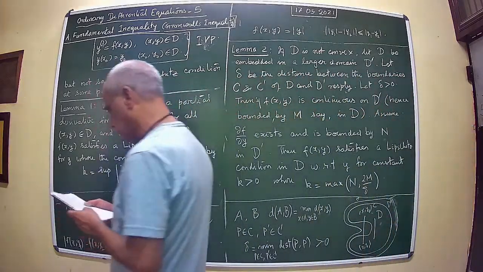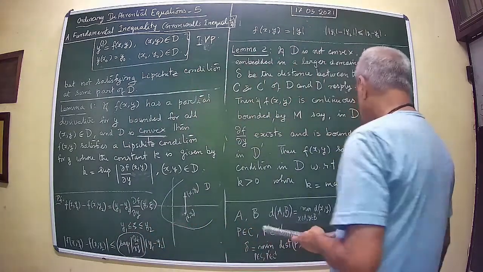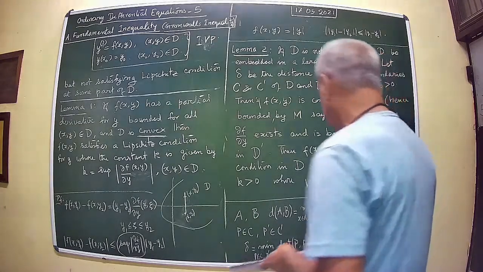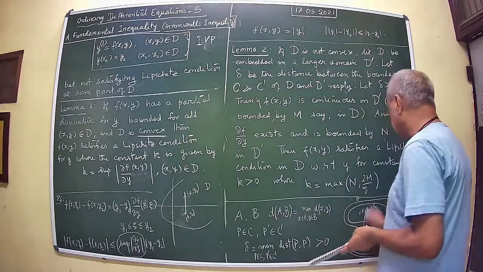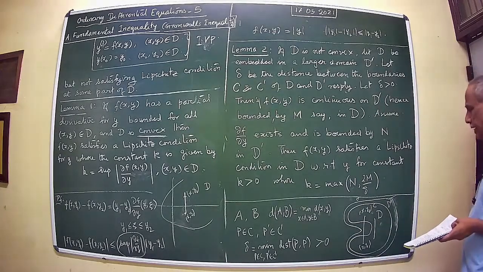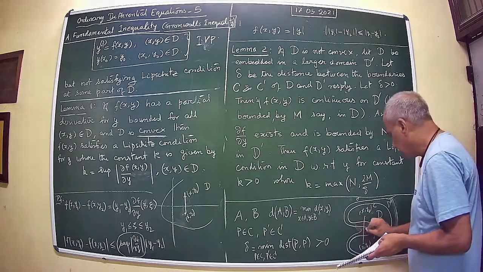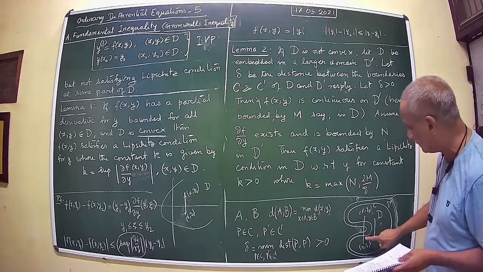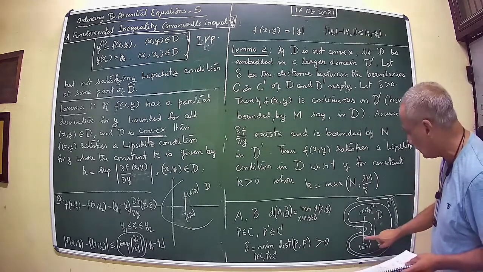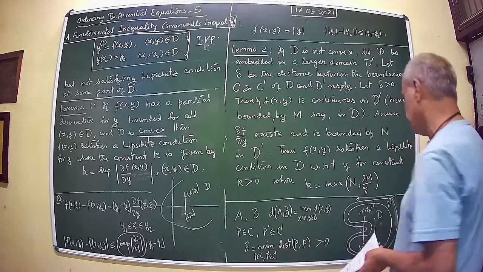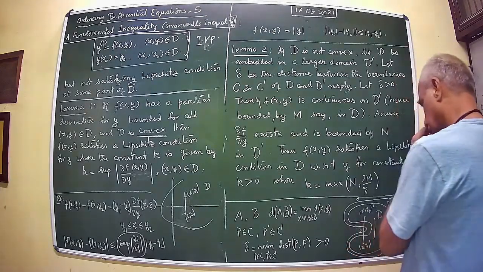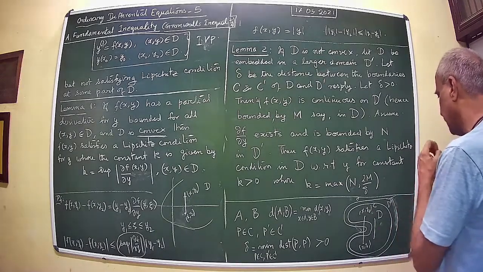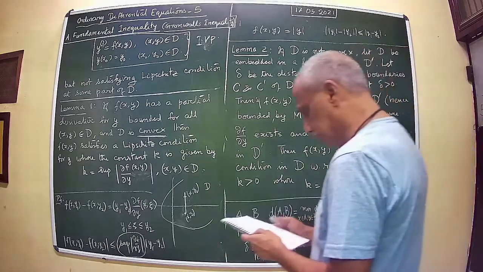Whether this line segment lies in D prime or not, it can be even like this. You see that this distance is greater than the distance between the boundaries of D and D prime. That is for sure. So this distance, that is mod y1 minus y2, is greater than this. So let us write that down.